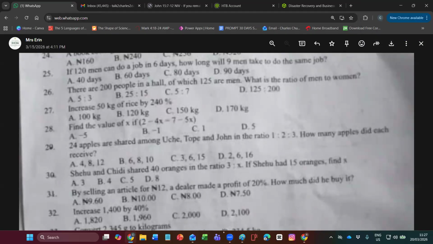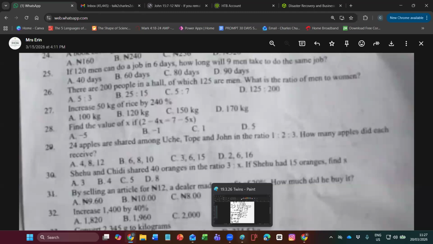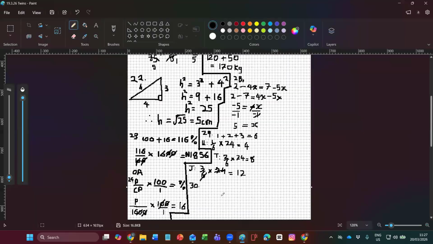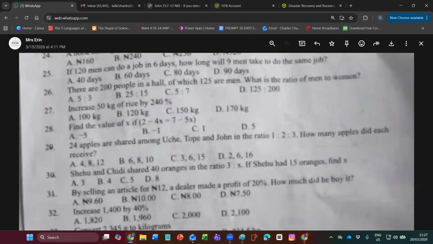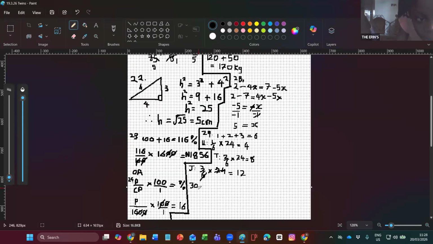Smartness personified. Well done. I like that method. I'm approving it as the best method for this. So let me write it down. What you guys said, I should first find Chidi's own by subtracting from 40. So let's use C to represent Chidi.